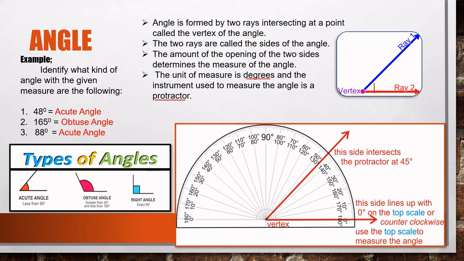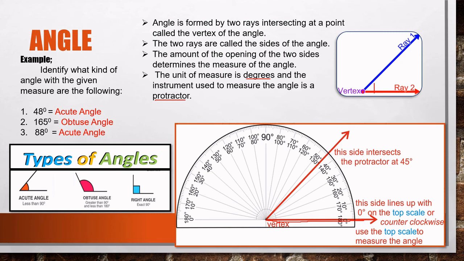Now, how are you going to use the protractor in measuring an angle? So, first, place the center point of your protractor over the vertex of the angle. Then, align one side with 0.